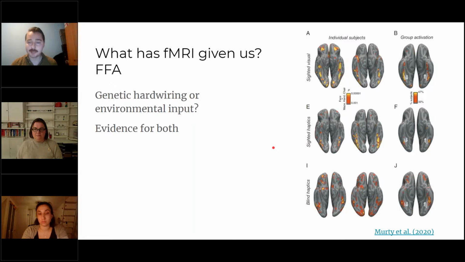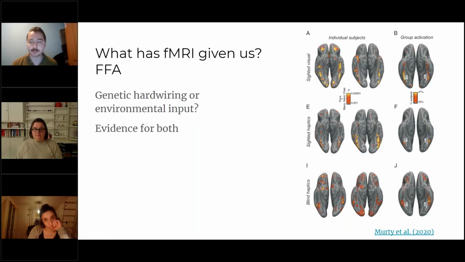What they've shown is that when these people are given faces as stimuli, but they use haptic information, so their very well developed sense of touch, and they perceive faces by touching them instead of through their eyes, they also activate the FFA, much the same way that sighted people do. So clearly the FFA is kind of a mix of both.